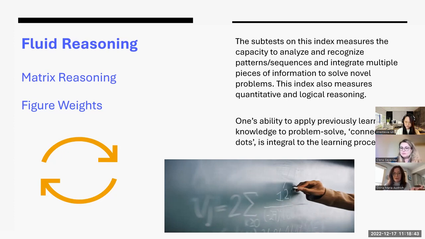I use a verbal analogy for the logical reasoning: if A is equal to B and B is equal to C, then A is equal to C. That's the sort of reasoning behind the figure weights subtest. It has a lot of implication for math, because there's a lot of logical reasoning tapped in this area, both in matrix reasoning and figure weights.